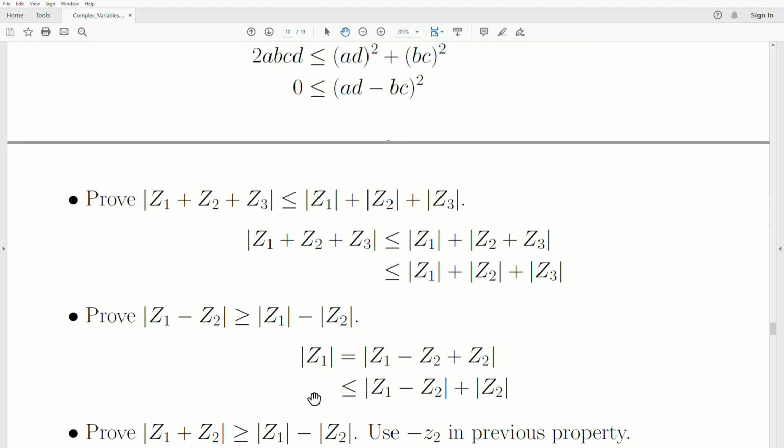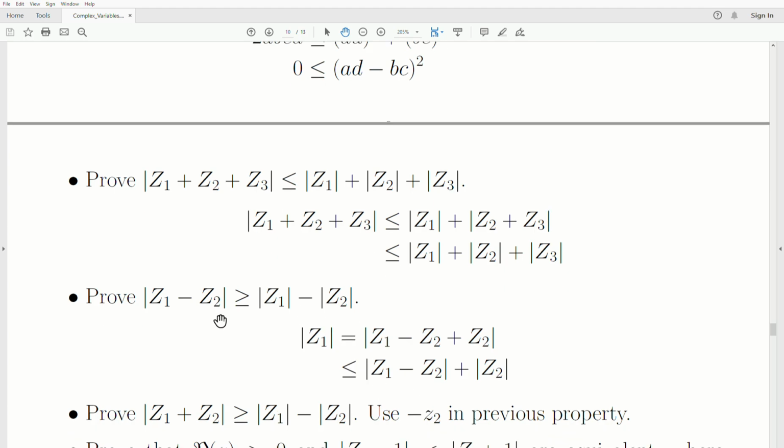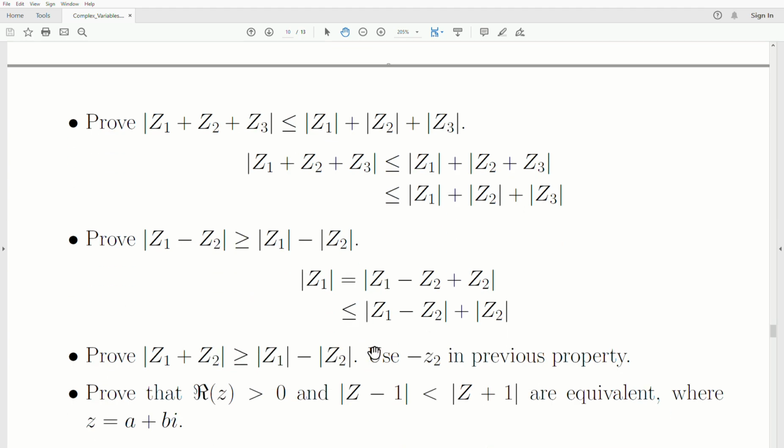And if we subtract the modulus of z2 to the other side, then the result follows. And now we have a minus here, but really it can be a plus and we get the same thing. And the way to prove it is you plug in a minus z2 here, and then it immediately falls out, and you can show it's true.